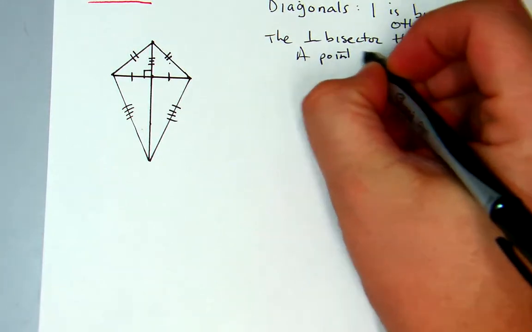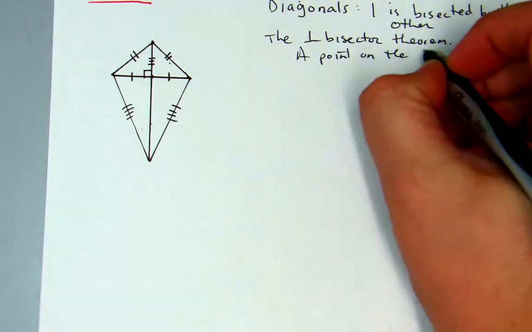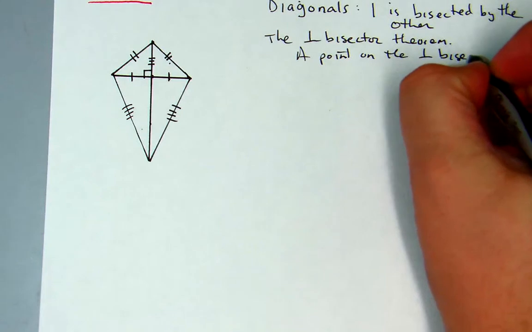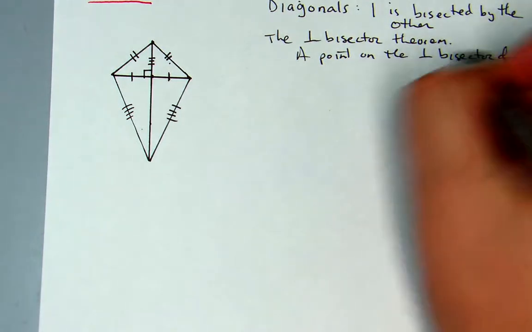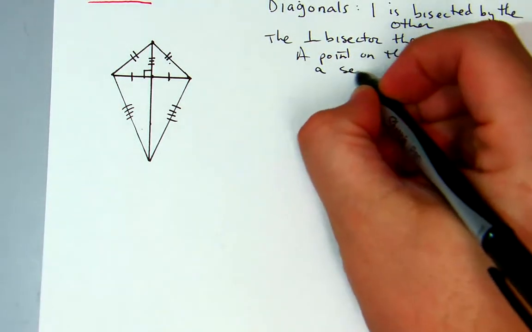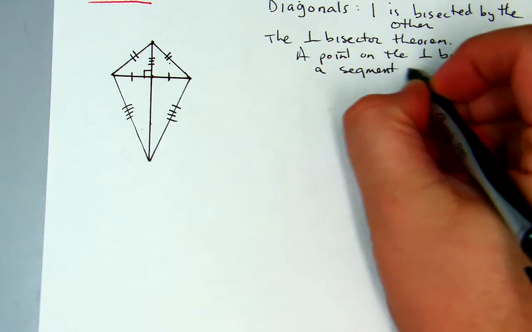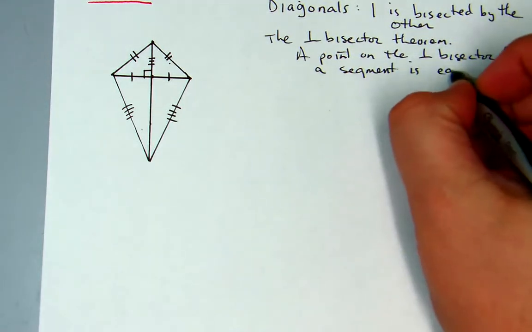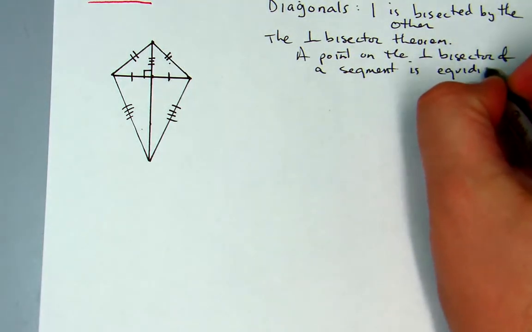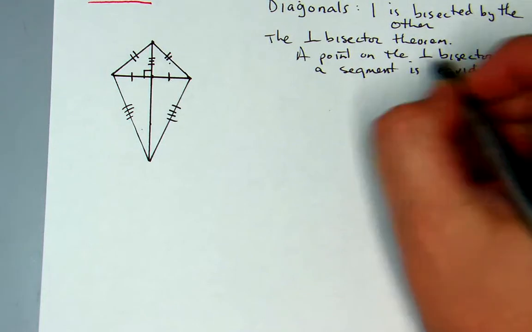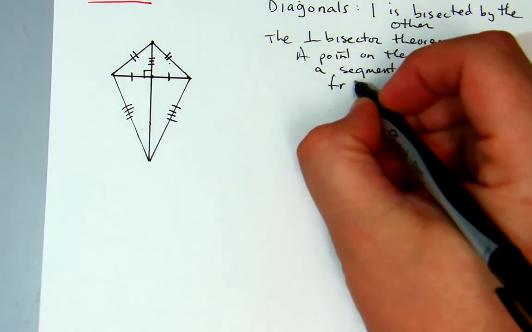A point on the perpendicular bisector of a segment is equidistant from the endpoints of the segment.